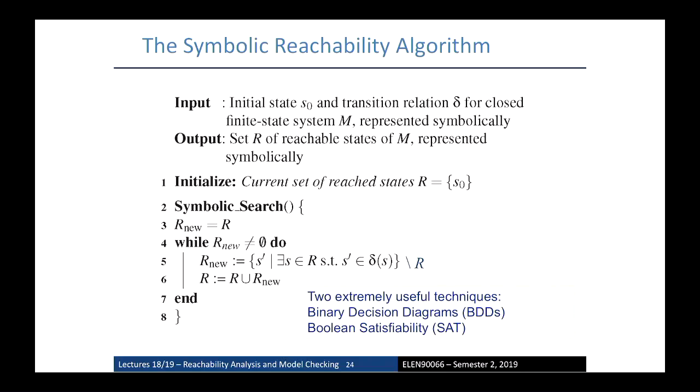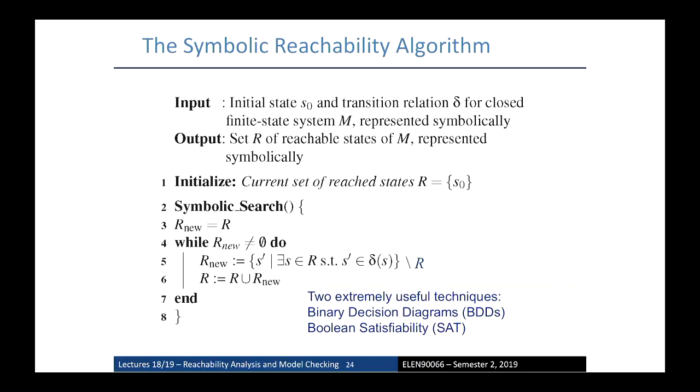So there are at least two heuristics for doing this, and they're called BDD and SAT: binary decision diagrams and Boolean satisfiability. These are heuristics for working out what's reachable from a particular state and then adding them to the set that you've already seen.